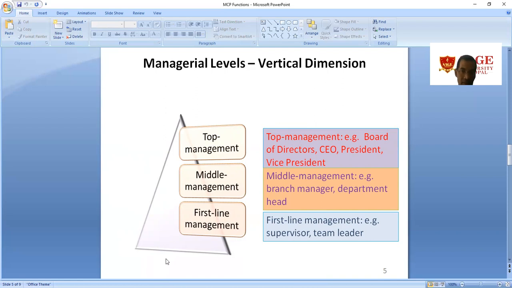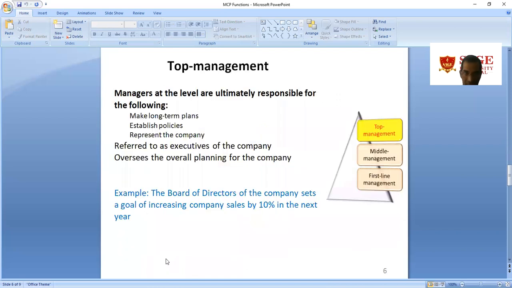In top management, you have the board of directors, CEO, president, and owners of the organization. In middle management, branch managers and departmental heads. And in the frontline, supervisors and team leaders, who will be your manager or immediate boss. This is the hierarchy of managerial levels.